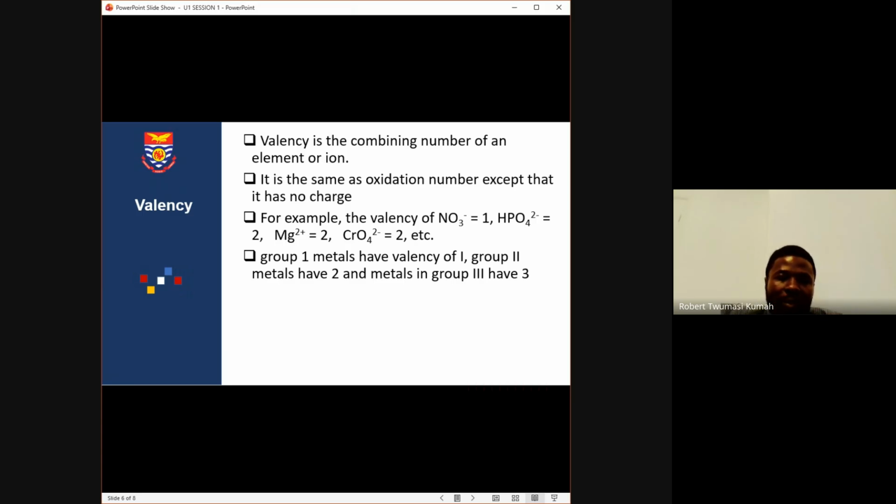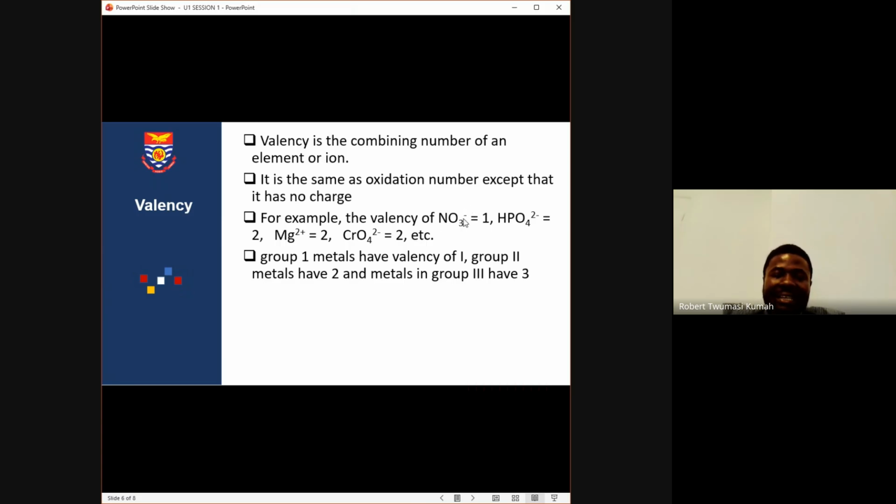However, the valency is looking at the number of the radical, let's say the charge of the radical, or the number on top of the radical, even though we are not interested in the sign attached to it. So if I'm using this nitrate as an example, then the whole group here, the NO3 with a minus, is -1 or 1 minus.